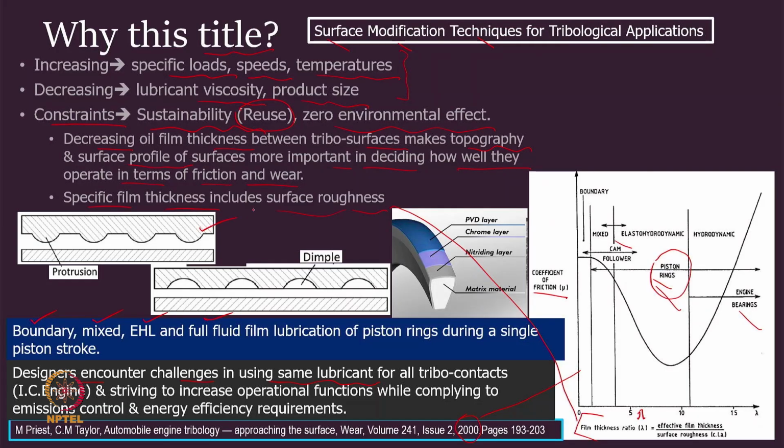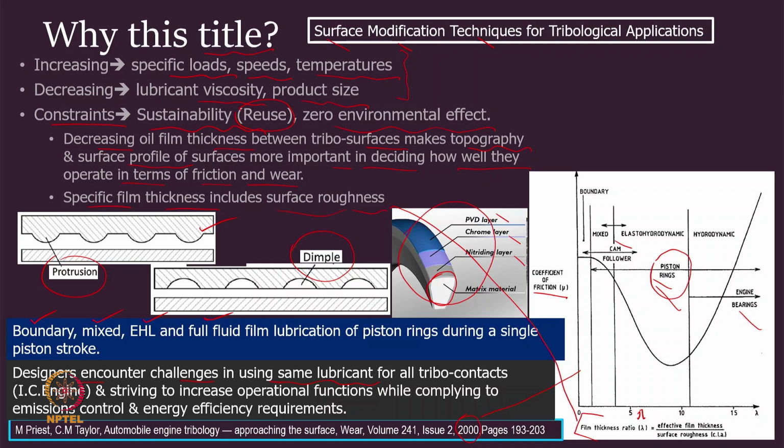A few things I'm showing here. This is the surface texture in the form of protrusions. This is the surface texture in the form of dimples. Both surface texturing and surface modification techniques have been utilized. This is also the surface modification of the ring, where they are using a cast iron or steel material as substrate, then a nitriding layer, a chrome layer and a PVD layer.